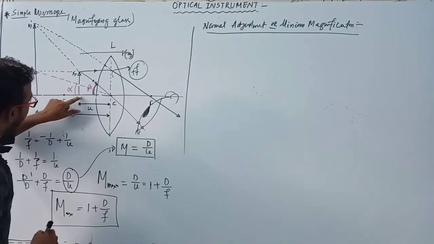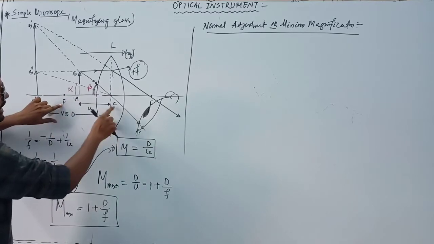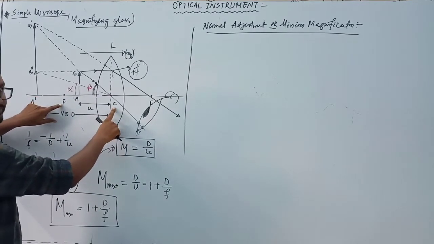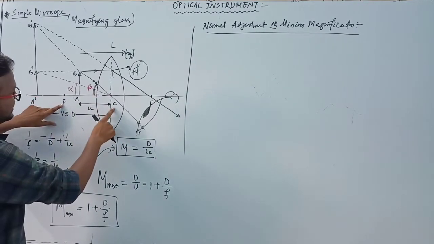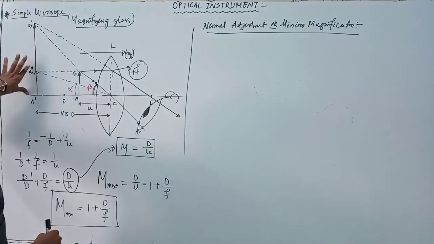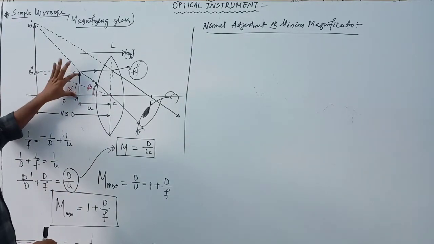At that time the object is placed in between the focus and the optical center. Clear? Focus and optical center. So we get a virtual image which is behind the object.